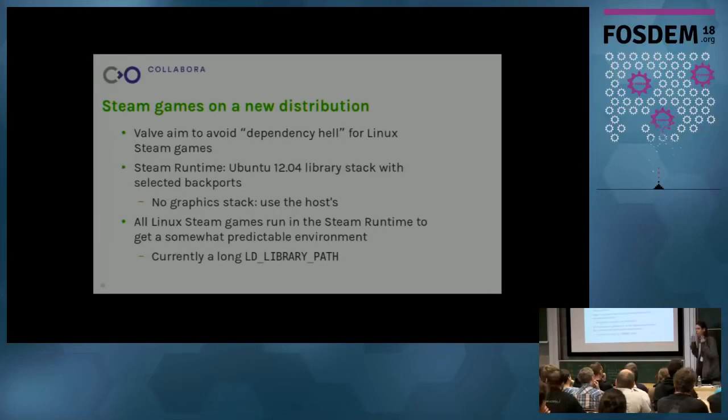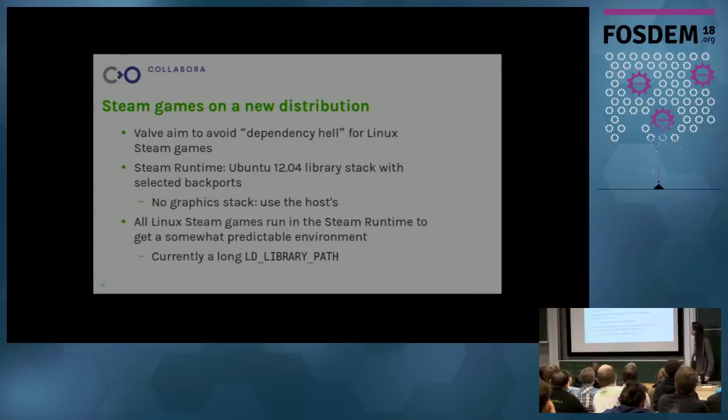They want to go, right, this game has gone gold, throw it out the door, we're done with this one, move on. And maybe patch it a few times later, but they don't want to keep going, oh well, this doesn't work on this year's Ubuntu, we'll have to fix it to work with this GTK. And now it doesn't work on next year's Ubuntu, let's fix it up for that. If someone's complaining it doesn't work on OpenSUSE, it's not really viable.